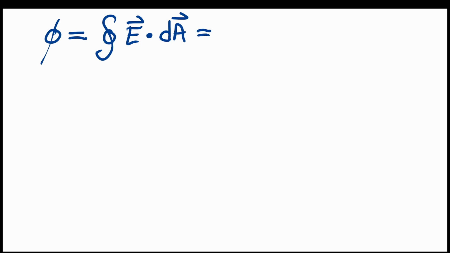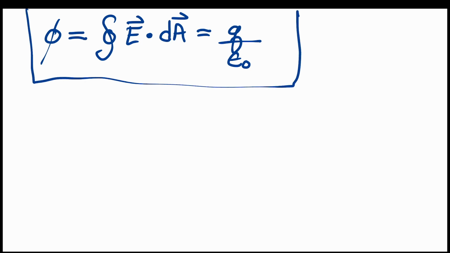And this is equal to what we just found, which is the charge at the middle of the sphere divided by the permittivity of the vacuum. And now you essentially arrive at Gauss law.